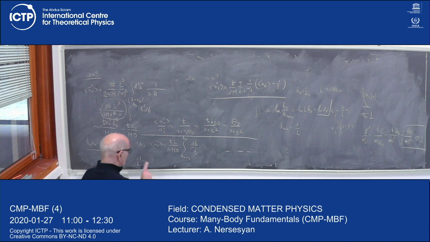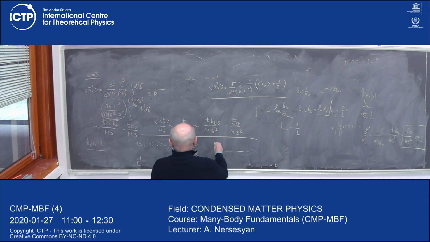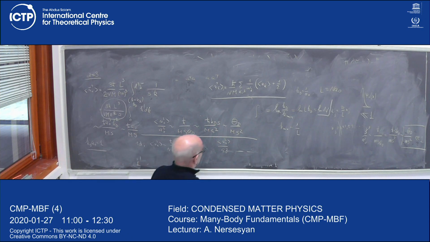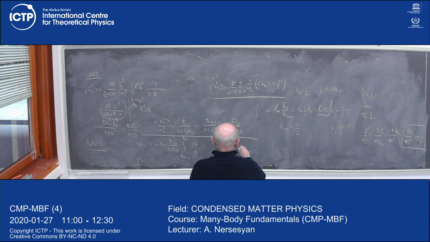Why? Let us do a little bit better job. Let us build up the object, which is u squared divided by a naught squared. If I repeat everything just as we did before, we will find out the following thing. It will be some number, just a number, 1, 2, 3, pi, whatever, times the ratio of the temperature divided by M s squared.